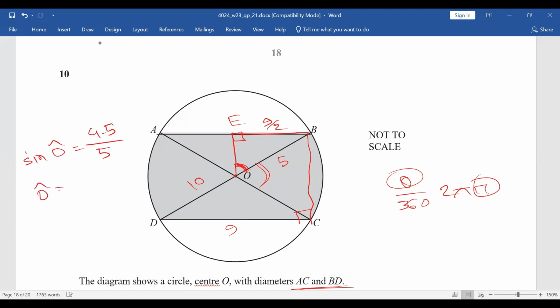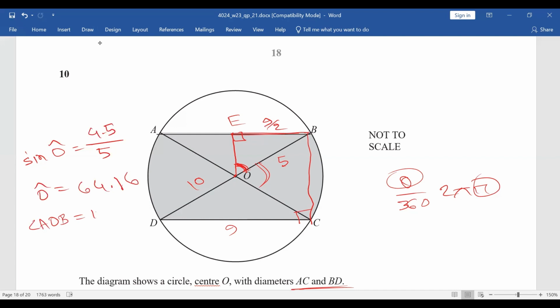So angle O will be sine inverse of 4.5 by 5, which is actually 64.16. So angle AOB will be double. Angle AOB will be 2 times angle BOE.